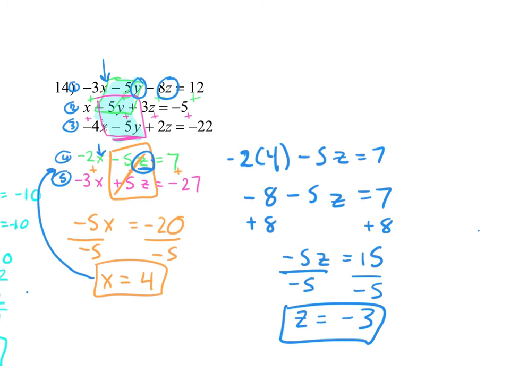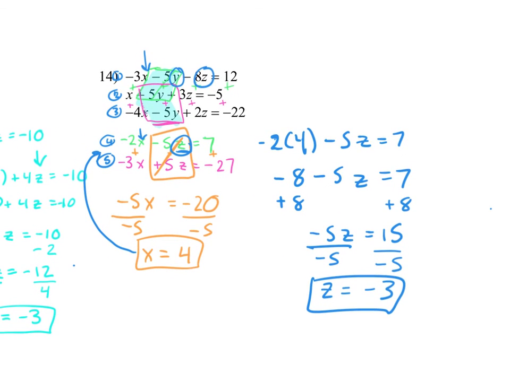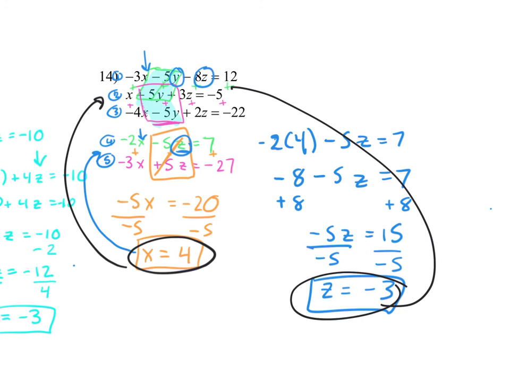All right, so we have x and we have z. What do we need to do next? Get y. We need to find y. How do we find y? Plug it into 1, 2, or 3. Which one do you want to use? 2. So we're taking x and plugging it into 2, and we take z and plug it into 2.